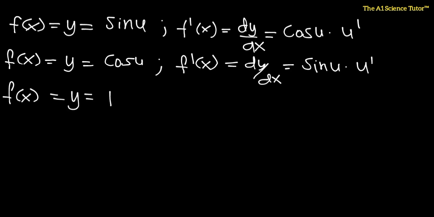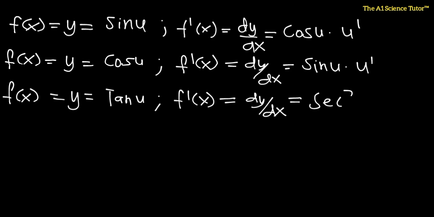How about tan u? What is the derivative of tan u? So the derivative of tan u is going to be sec squared u, multiplied by u prime. That is going to be the derivative of it.